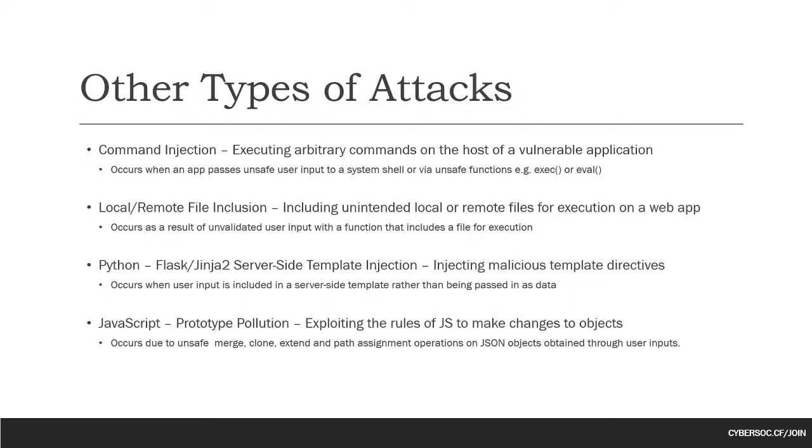So we can exploit this to make changes to these objects when they're inherited or reused. Often in JavaScript, you'll want to merge, clone, or extend these objects, because obviously every object is different. But what if we could inject some malicious JSON in there to overwrite the object?